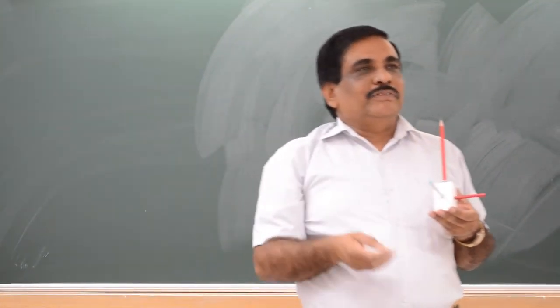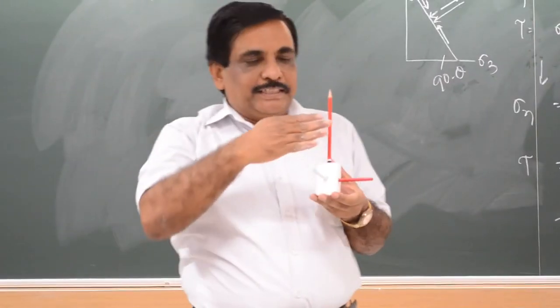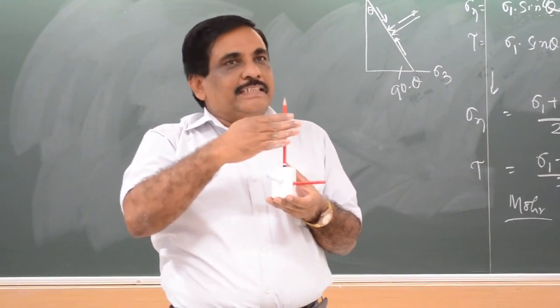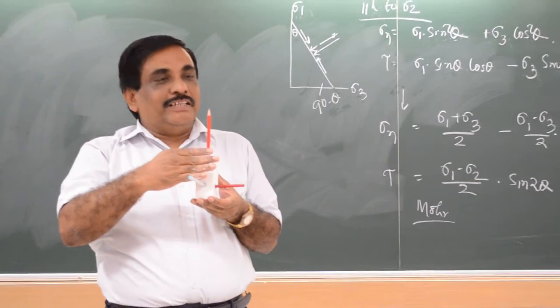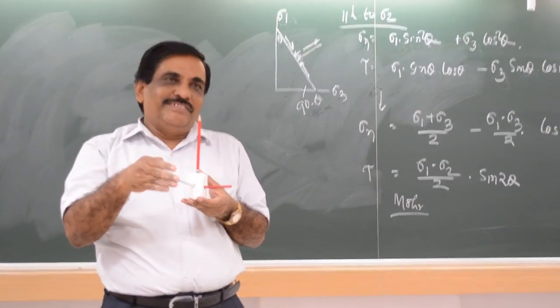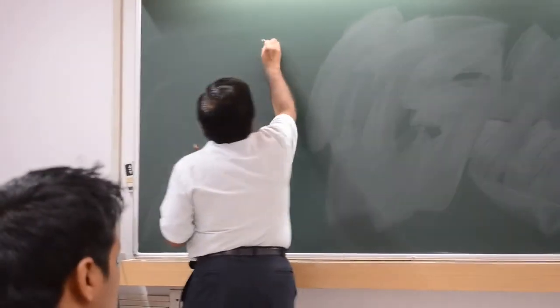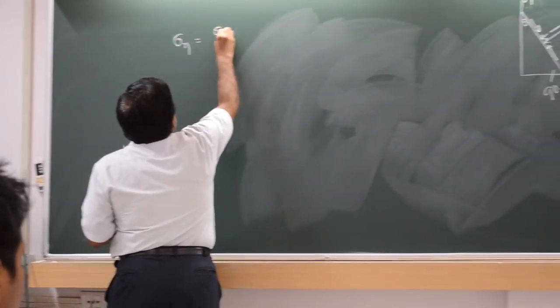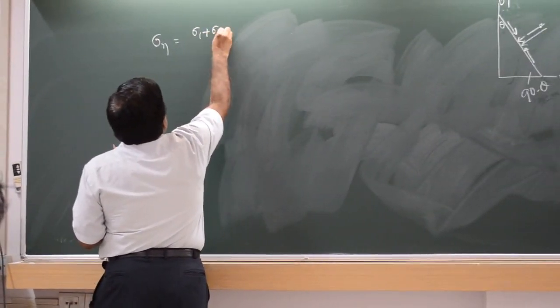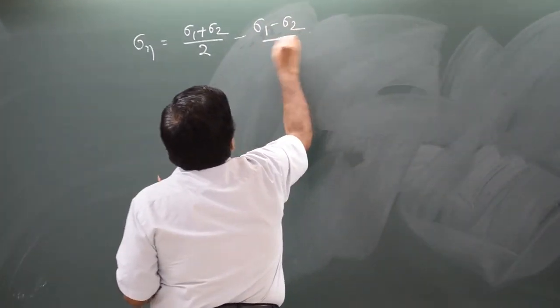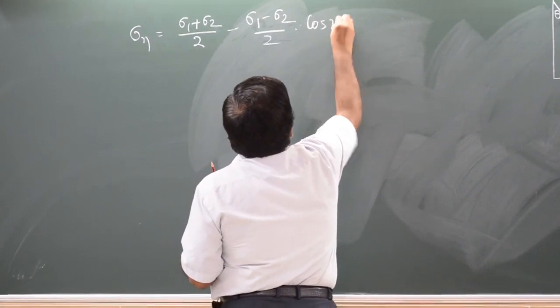Suppose I ask you to write an equation for this plane. This plane contains sigma 1 and sigma 2, parallel to sigma 3. You can write it like this: sigma n is equal to (sigma 1 plus sigma 2) by 2 minus (sigma 1 minus sigma 2) by 2 into cos 2 theta.